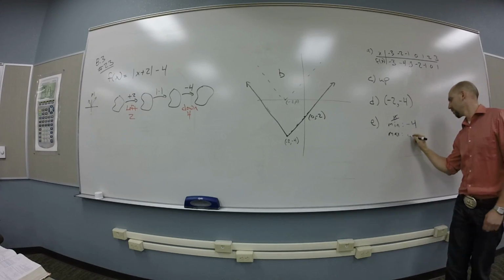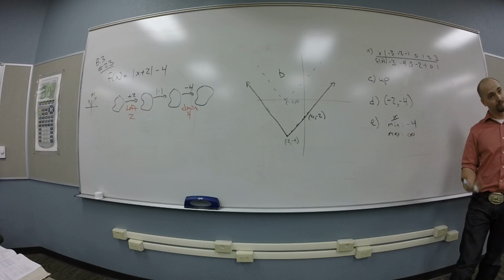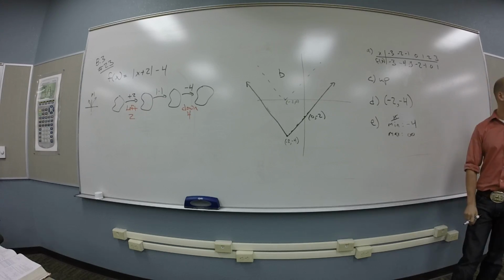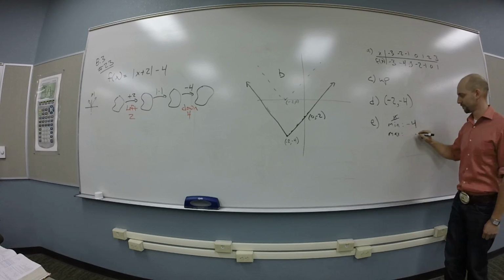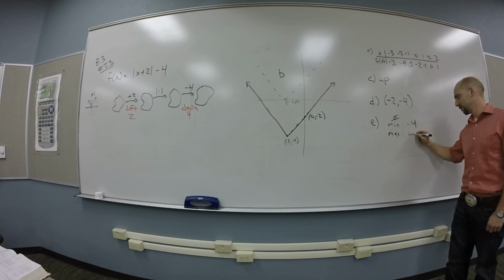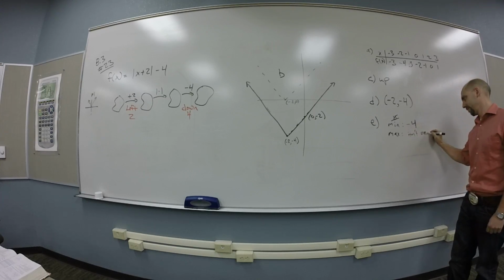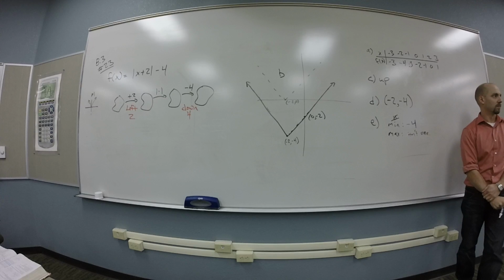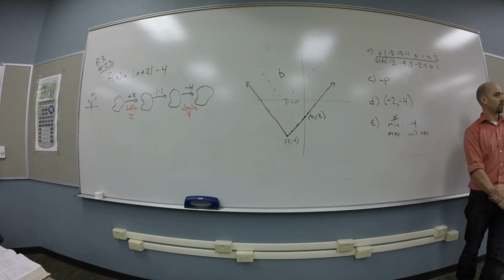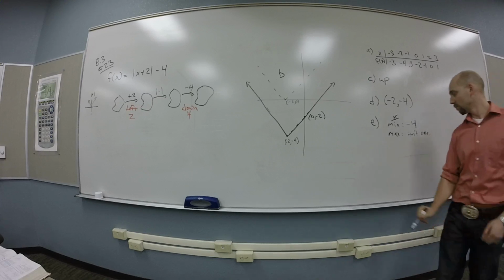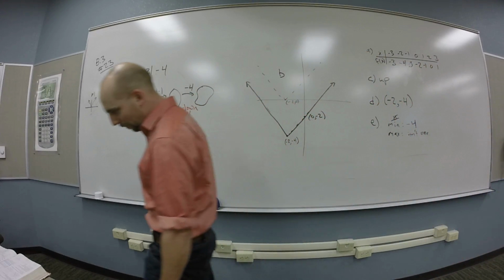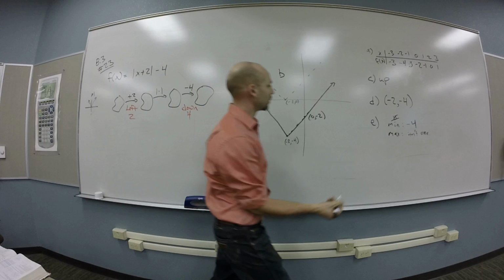No max. Another reasonable way to phrase that would be that there is no maximum. Okay, what's F? F is domain, and G is range. Awesome.